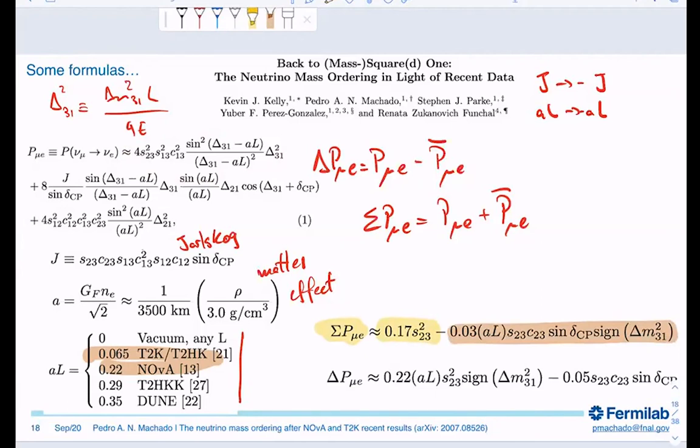But when you do the other guy, the difference, there is a large term here that comes from CP violation, and a relatively small term that comes from, it's not small, it's comparable, but this comes from matter effect.